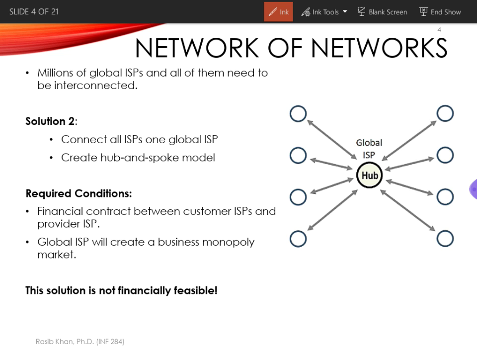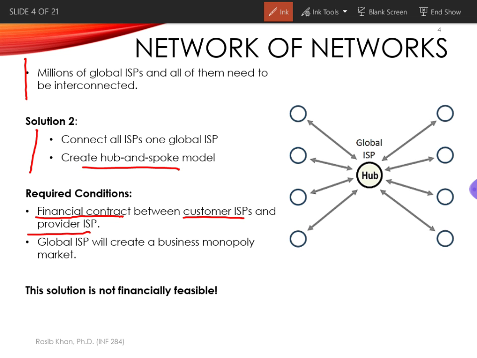So the first requirement is that the millions of global ISPs we have all over the world all need to be interconnected. A better solution than the previous one would be to connect all the ISPs to one single global ISP, which is very similar to the hub and spoke model that we have seen earlier for wide area networks. The required conditions would be to have financial contracts between customer ISPs and the provider ISP.